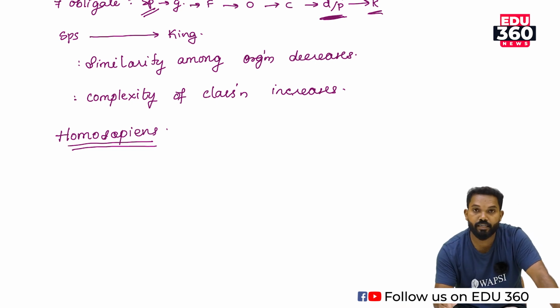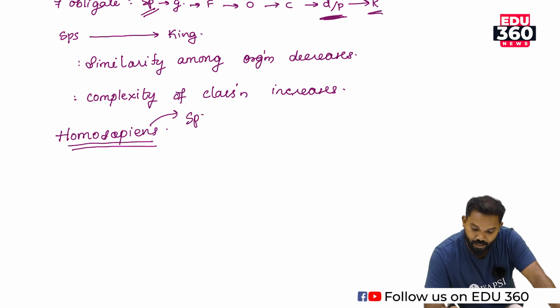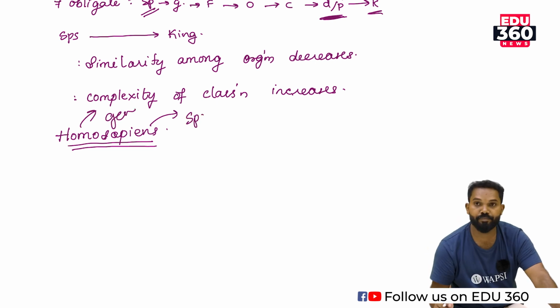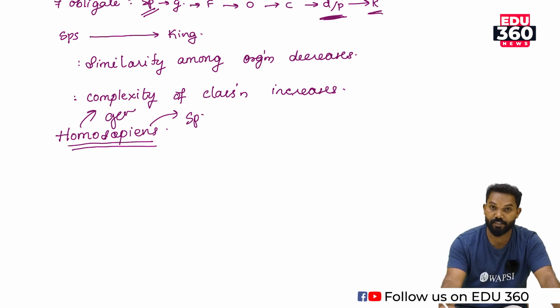It contains 2 Latin words, Homo and sapiens. Here, sapiens refers to the species name and Homo is the genus name.